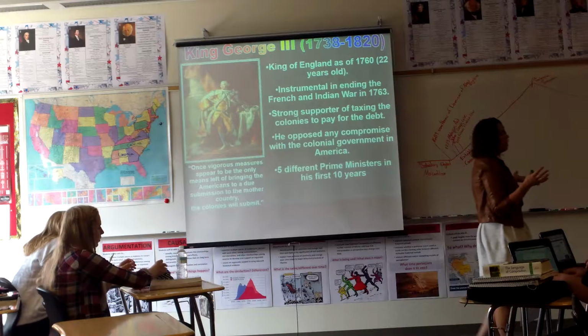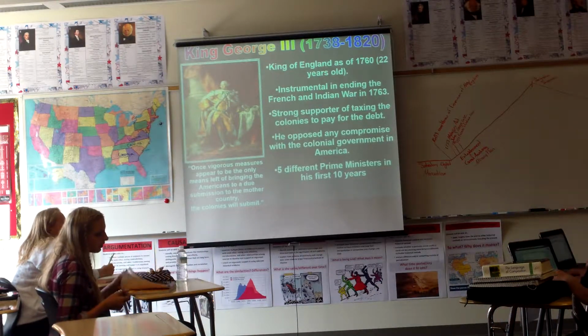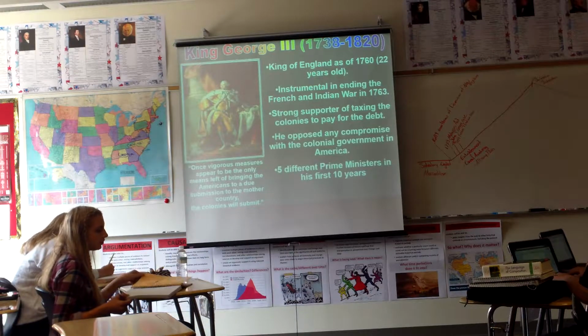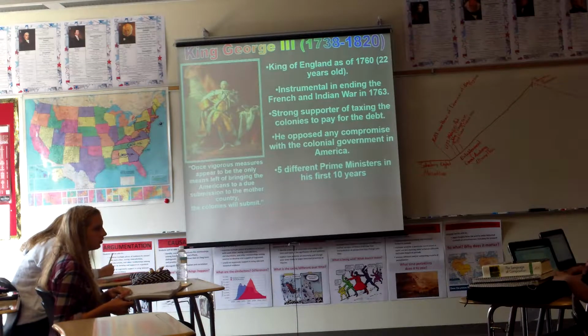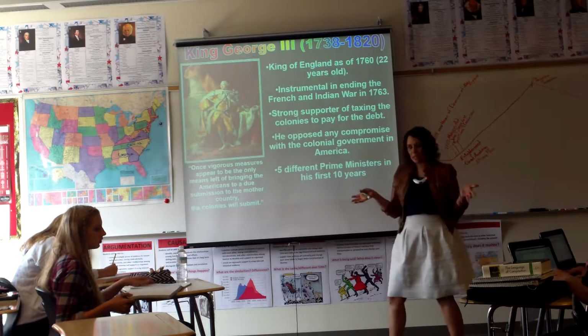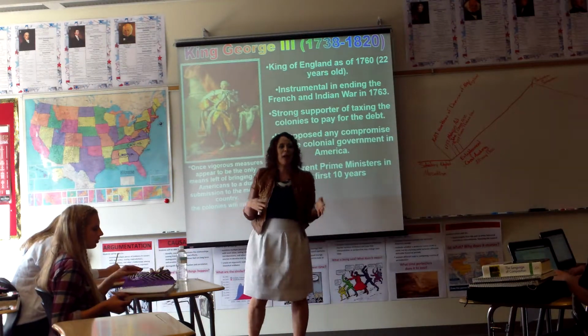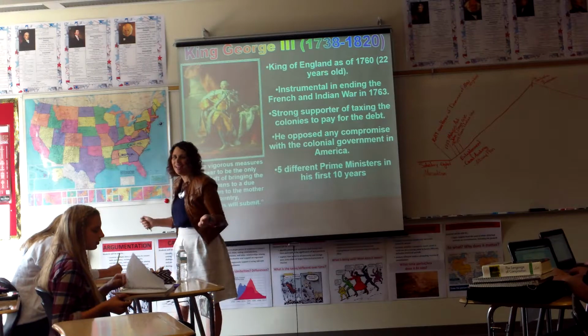All right, so there is this great fear that we are not going to be able to maintain this control. And you also have to understand that within England itself, King George is a mere 22 years old. He's hot-headed. He is not a very stable leader. He wants things his way, and he doesn't care about really anybody else, okay?